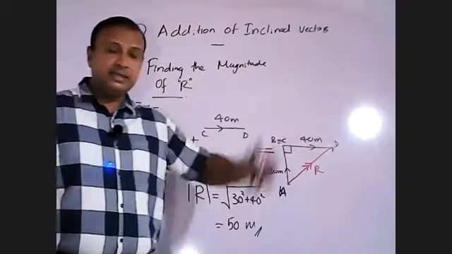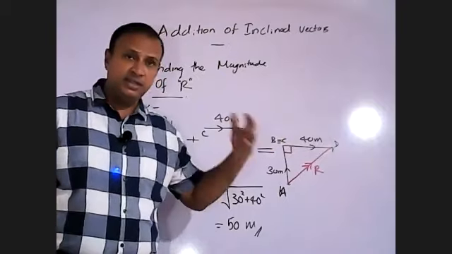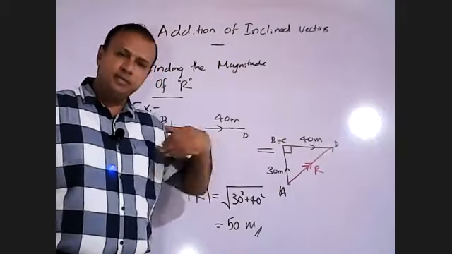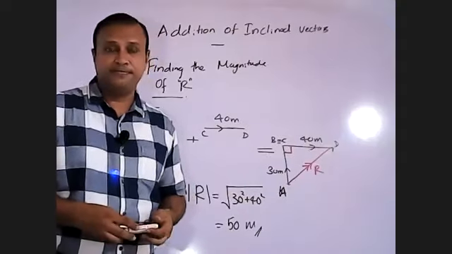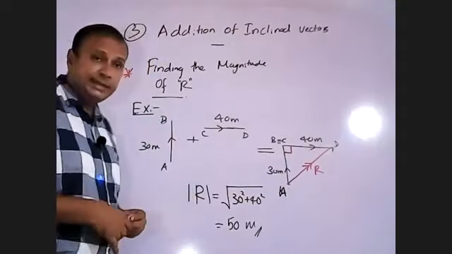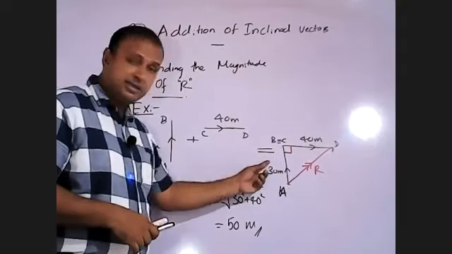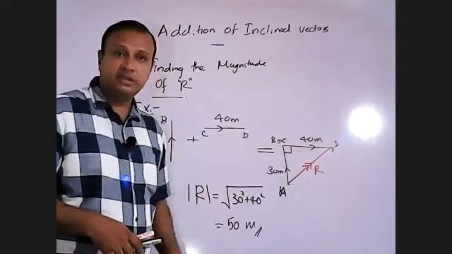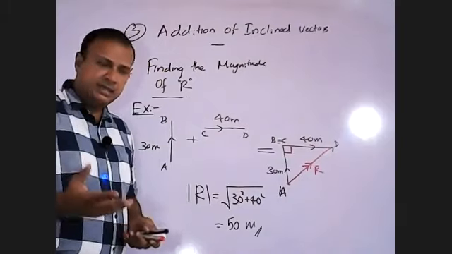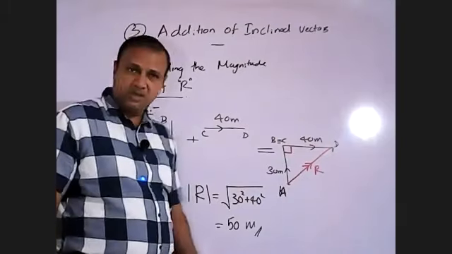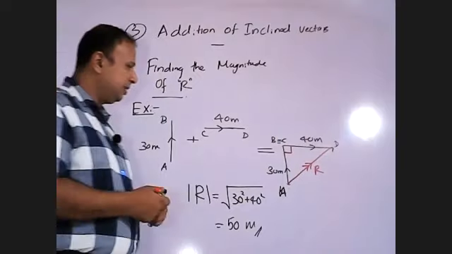In the previous cases it was very easy because the direction was the same as the given vectors. But in here the direction is different than the given vectors. So how to find the direction? In that case, we have to use our trigonometric knowledge.